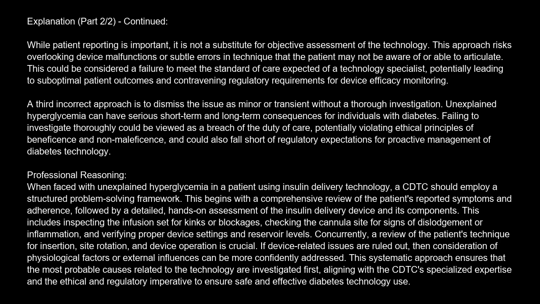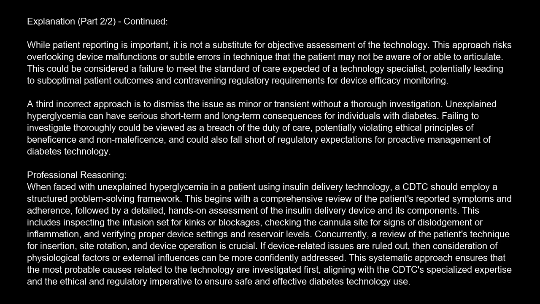Professional reasoning. When faced with unexplained hyperglycemia in a patient using insulin delivery technology, a CDTC should employ a structured problem-solving framework. This begins with a comprehensive review of the patient's reported symptoms and adherence, followed by a detailed, hands-on assessment of the insulin delivery device and its components. This includes inspecting the infusion set for kinks or blockages, checking the cannula site for signs of dislodgement or inflammation, and verifying proper device settings and reservoir levels.